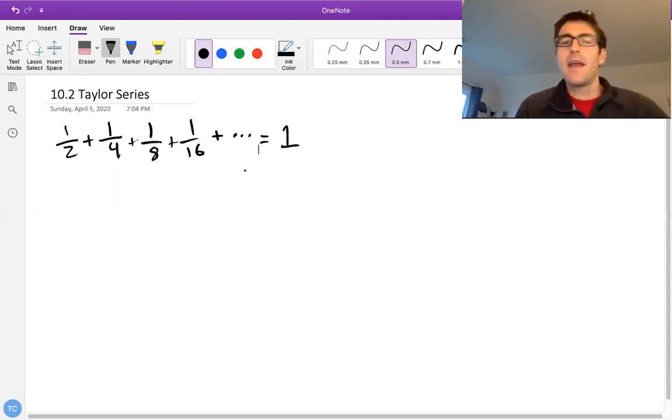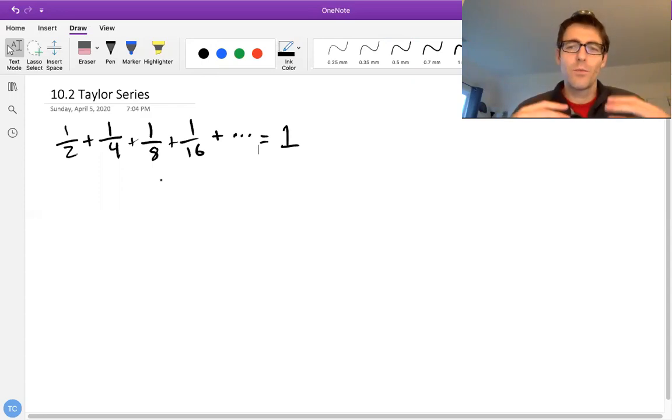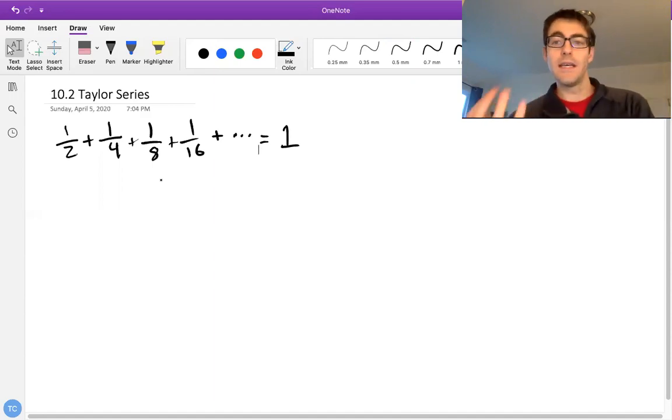And so we actually said that, hey, this infinite list of numbers, an infinite sum, or the sum of an infinite list of numbers, actually equals one. And when we said that, we were kind of subtly expanding what our definition of equaling one is.